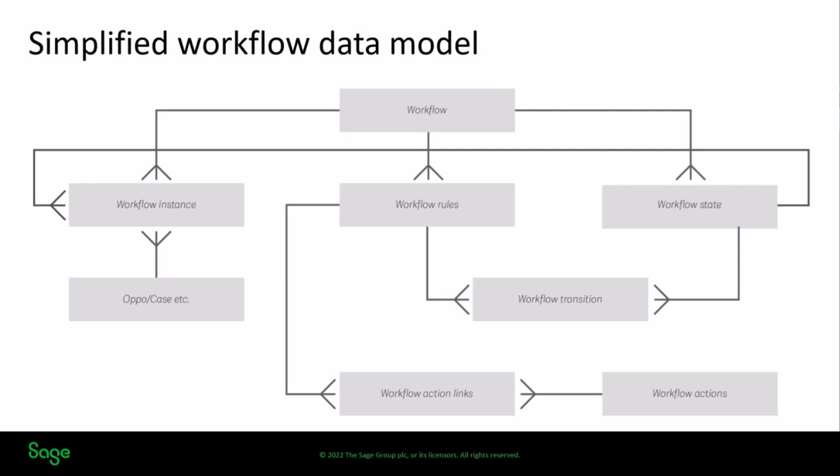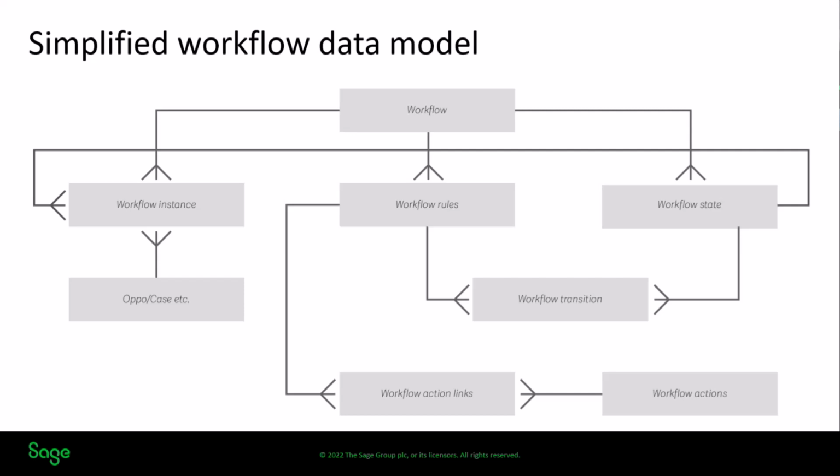The rest of the workflow is to do with modeling how that workflow allows for the record to move. So that workflow instance table will tie in the record into where it is within the workflow process. That's the state. And the state will be associated with transitions, which are the behaviors that are moving from one workflow state to another.